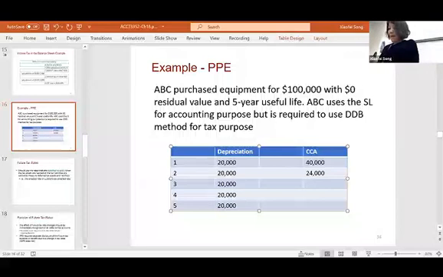For year 3 it will be 14,400. Year 4 would be 8,640.